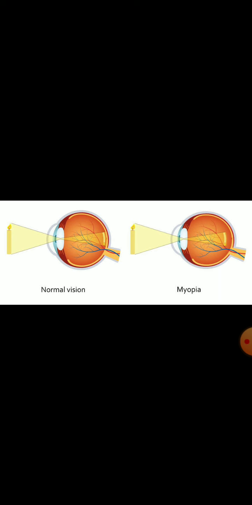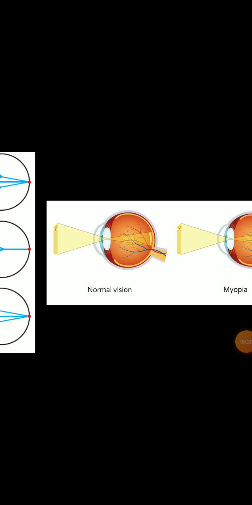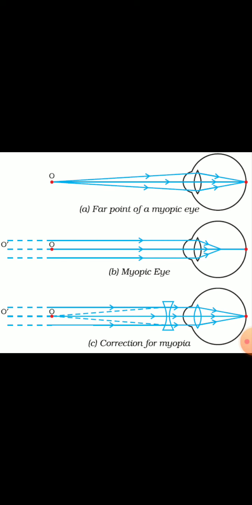Now, what is happening? We know that the image must be formed on the retina because the retina acts as the screen. But the eye with this defect is called a myopic eye. What will be happening with the myopic eye? Let us understand. In a myopic eye, the image of a distant object is formed in front of the retina.